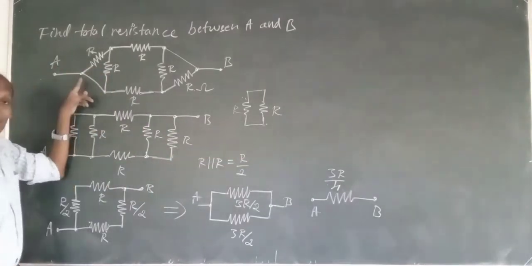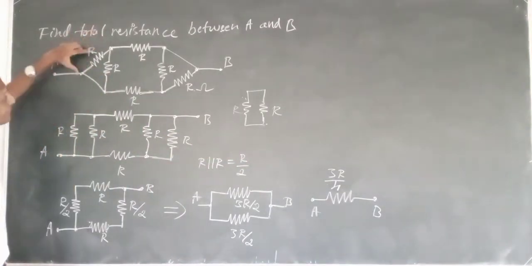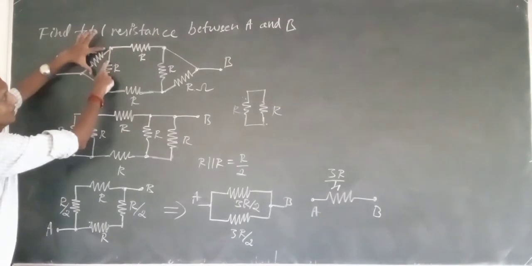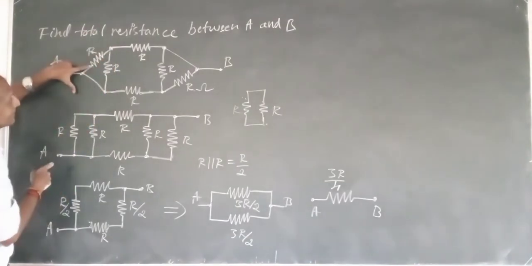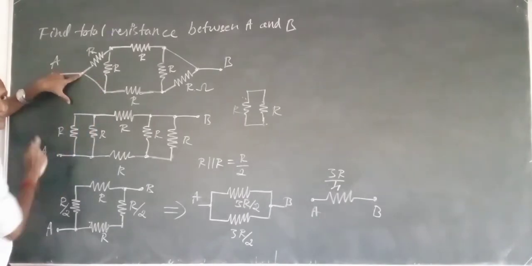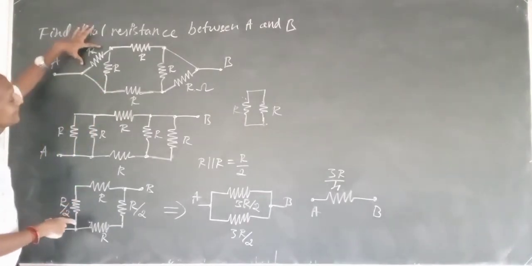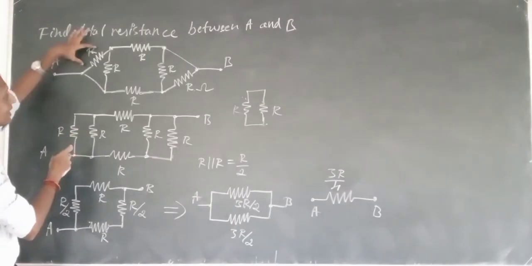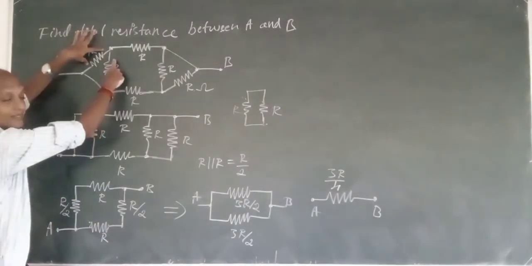In the same way here, this end of this resistor is connected to this end of this resistor, and this end is connected again to this end of this resistor. Fine. So then I can simplify this: this R is in parallel with this.